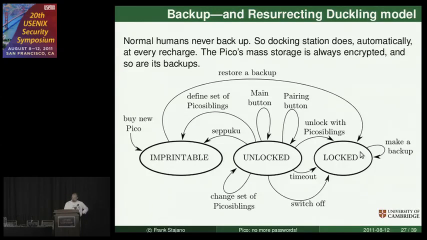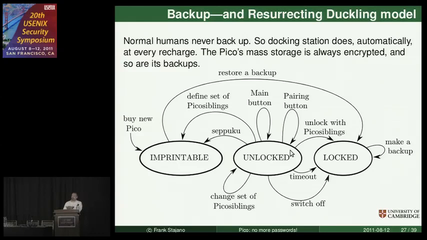If you have this backup, you can go and buy a new Pico and restore a backup into the Pico, and it becomes an imprinted Pico, but a locked one. So you can only unlock the Pico, even the new one that you just restored the backup into, using this wrong arrow, by using the Pico siblings and then bringing it there.